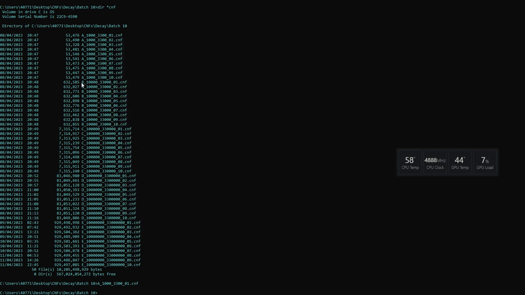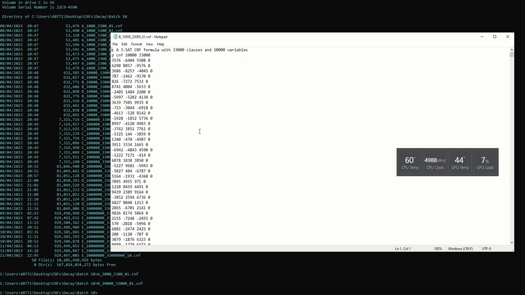The next batch, batch B, increases the formula size by 10. So instead of 1,000 variables, it has 10,000 variables and 33,000 clauses. Let's look at one of them. This is the first.